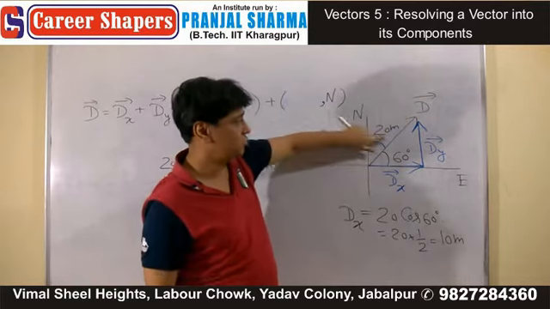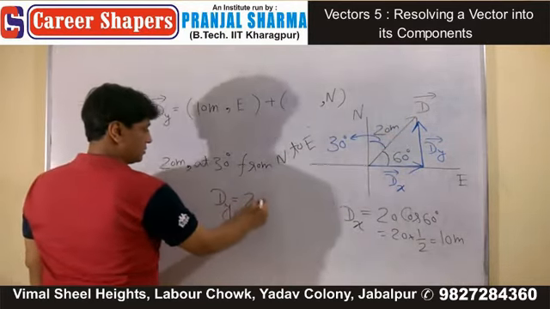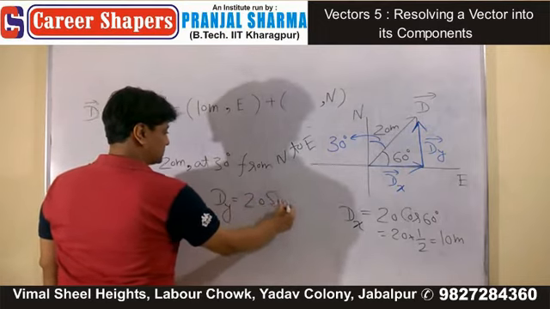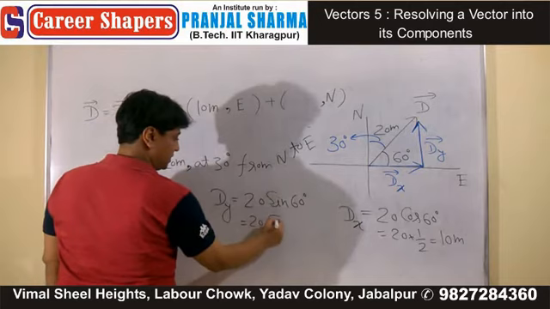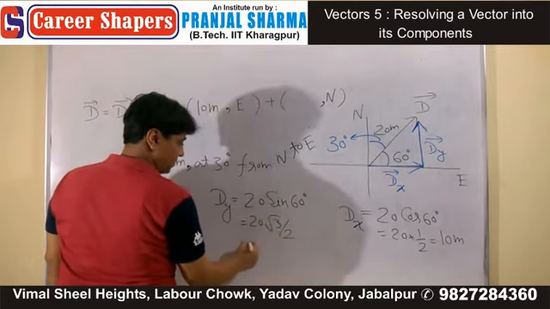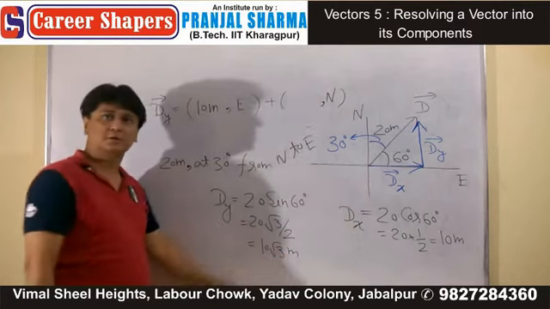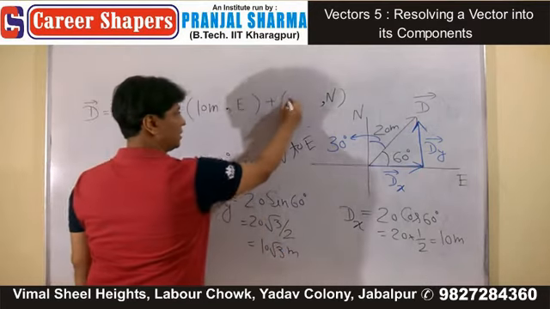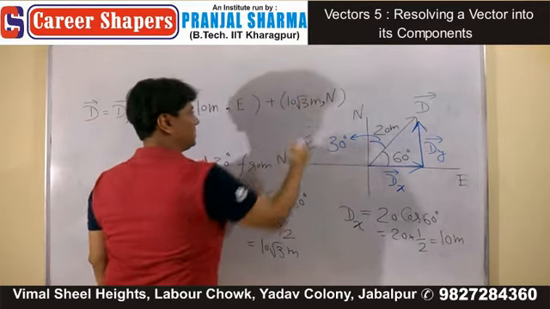This much, 20 multiplied by sine. 20 sine 60. What is sine 60? Root 3 by 2. 10 root 3 meters. Put it over here. 10 root 3 meters.